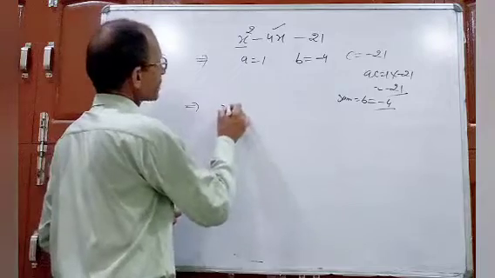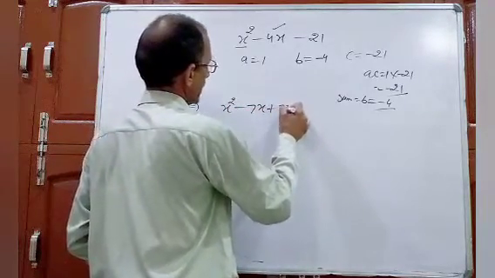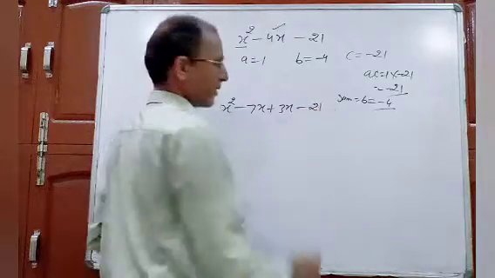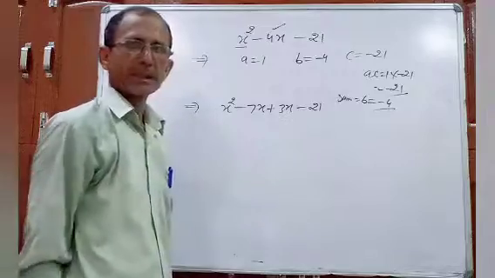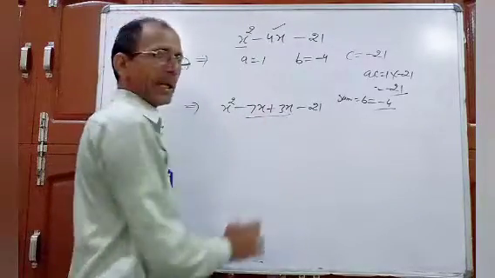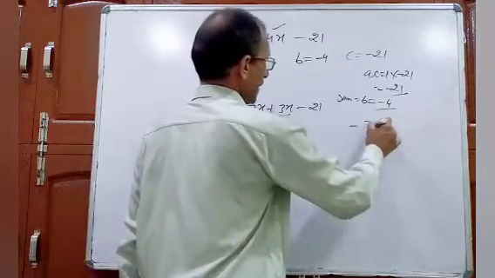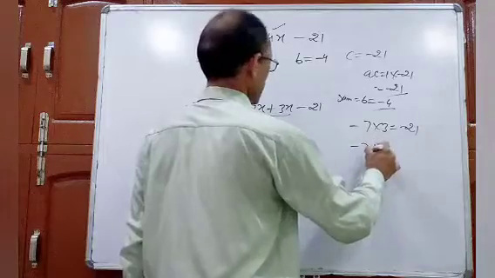So x square minus 7x plus 3x minus 21. Minus 7 plus 3, the result is minus 4. If I multiply, minus 7 multiplied by 3 is minus 21.